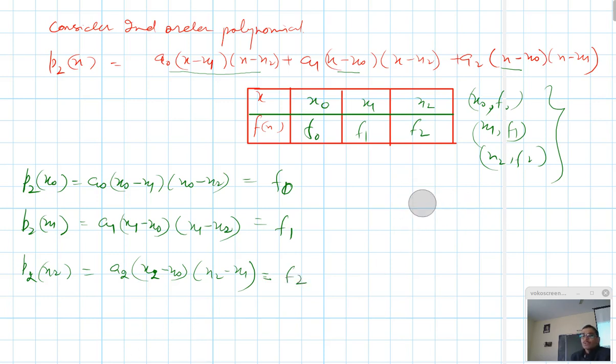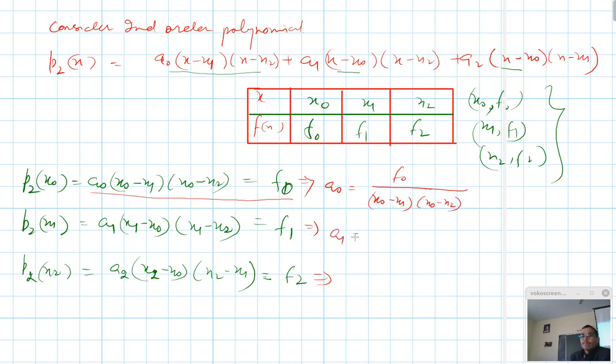So if it is so, from here I can estimate the value of what? Using this I can estimate the value of a0. What is a0? a0 is equal to f naught over x naught minus x1 and x naught minus x2.